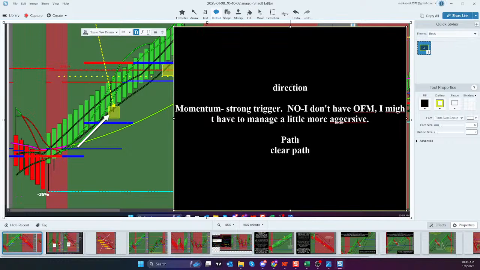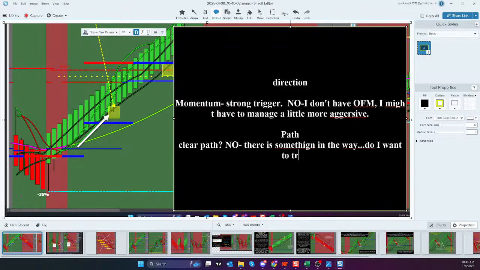And then you're going to do path. Is it a clear path? And this one is actually no. So what you'll do is you'll literally say to yourself, there is something in the way. Do I want to trade into it? Hopefully the answer is no. But if you do it anyway, I may have to manage aggressively.